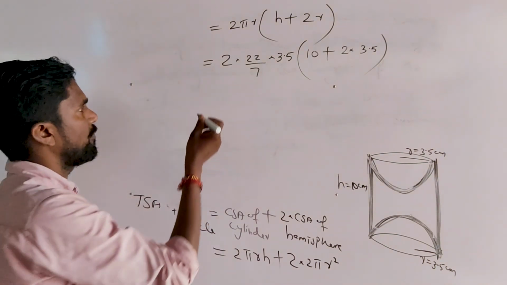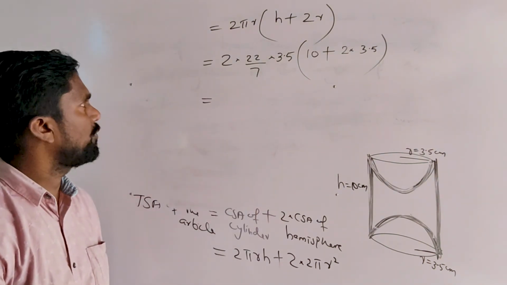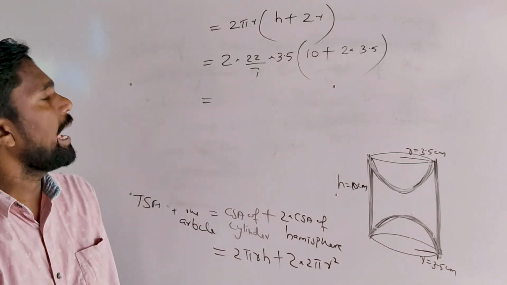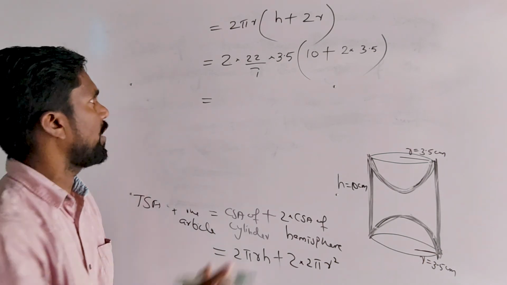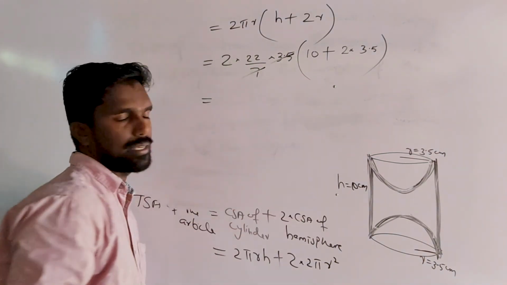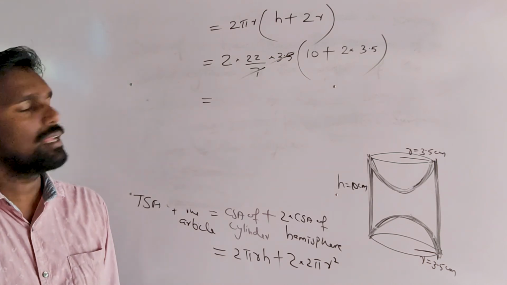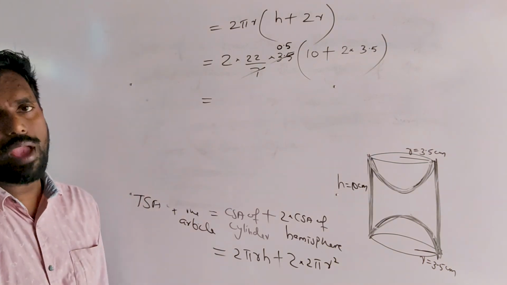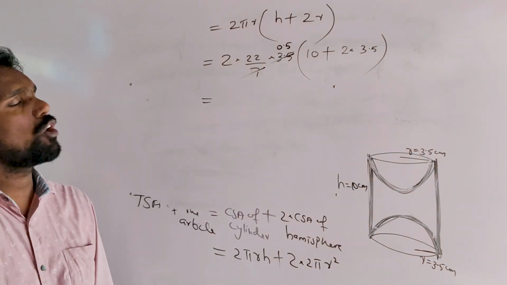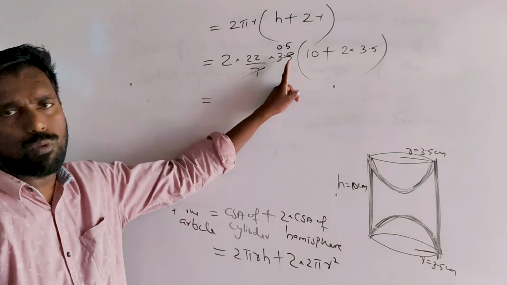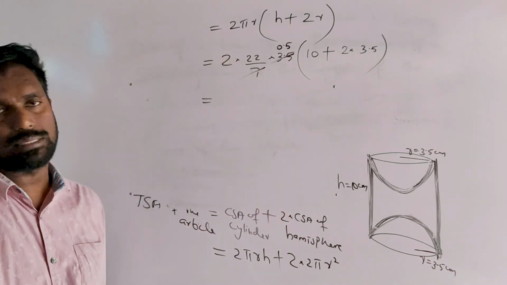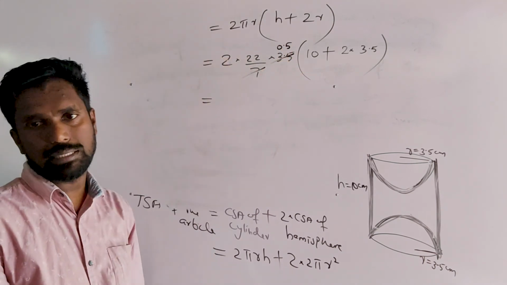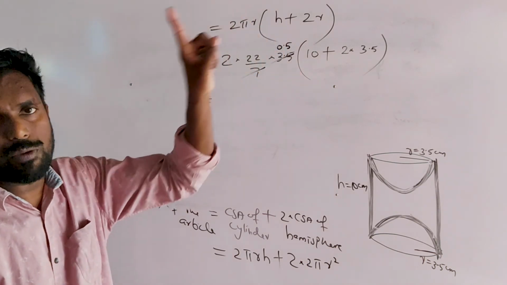Listen carefully. 2 into 22 by 7, radius 3.5, h 10, 10 plus 2 into 3.5. 3.5 and 7 you can cancel, so you will get 0.5. 0.5 means 1 by 2, and that 2 and this 2 you can cancel. Otherwise, 2 into 0.5 means 1.